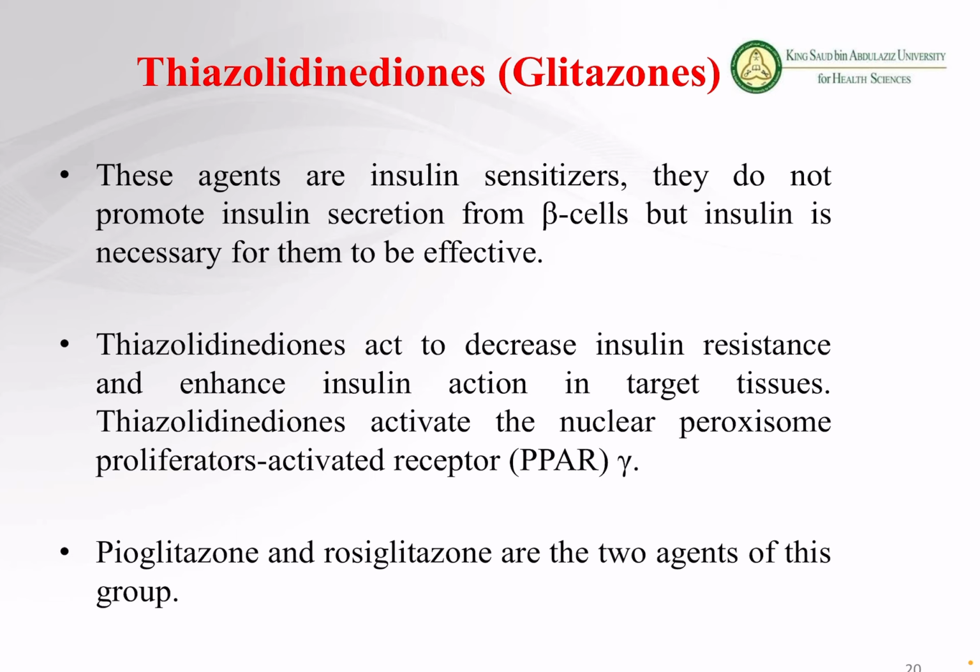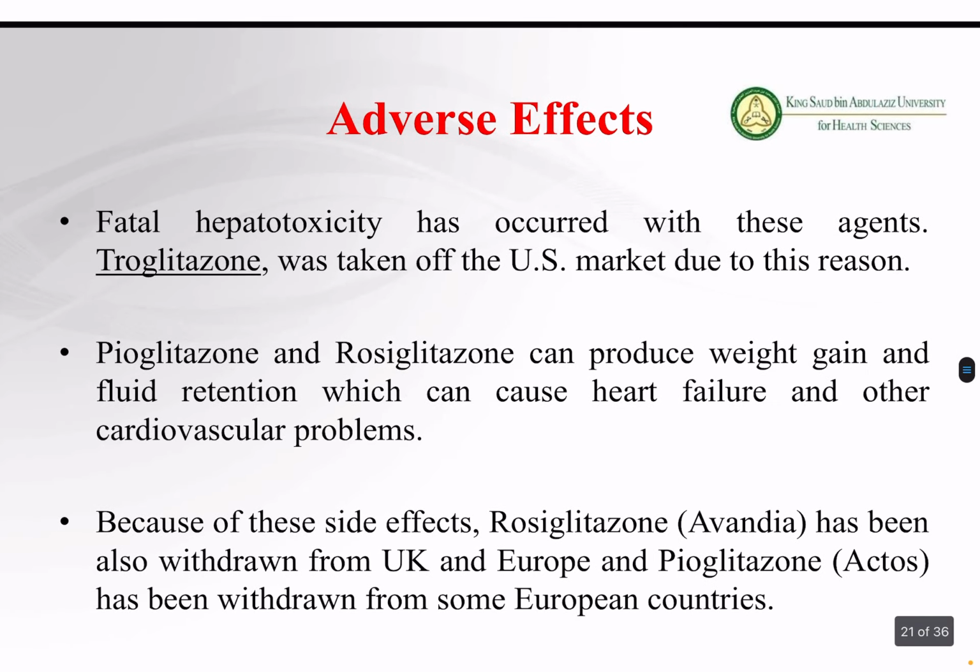So pioglitazone and rosiglitazone are also two agents from this group. Fatal hepatotoxicity has occurred with these agents. Troglitazone was taken off the US market due to this reason. Pioglitazone and rosiglitazone can produce weight gain and fluid retention, which can cause heart failure and other cardiovascular problems.